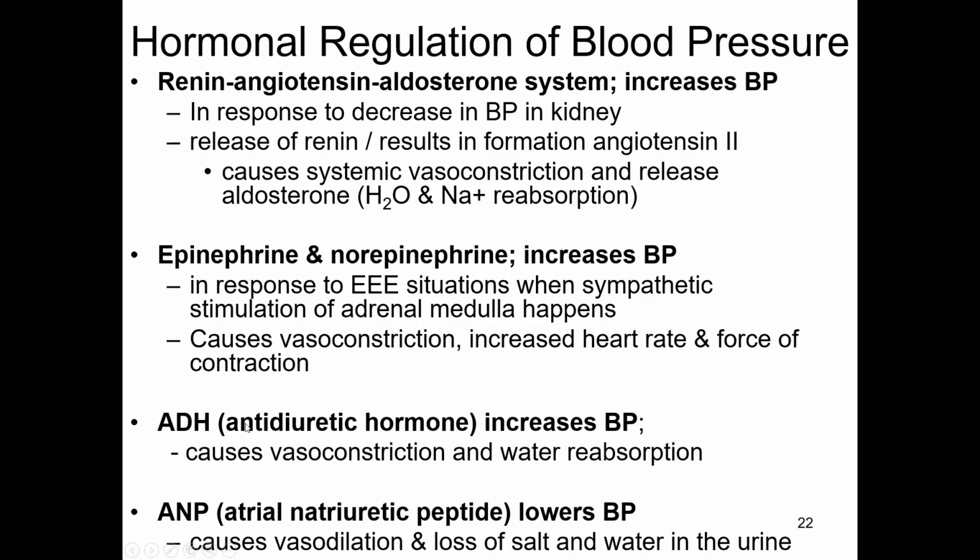And let's move to antidiuretic hormone. This is the simplest case to explain how that venous return can increase cardiac output. So antidiuretic hormone is made by the hypothalamus.